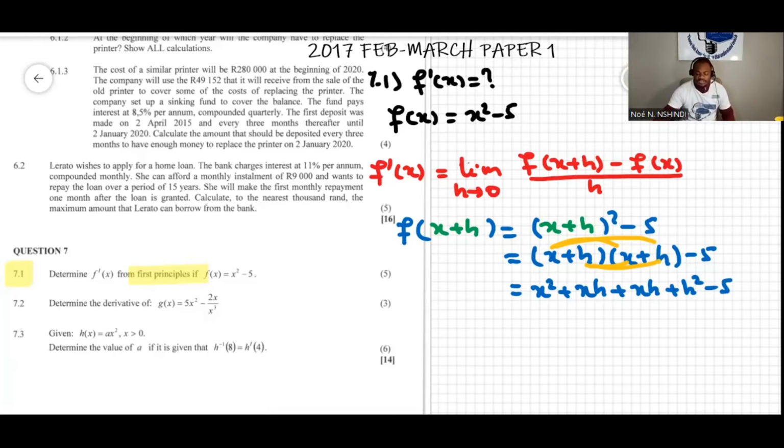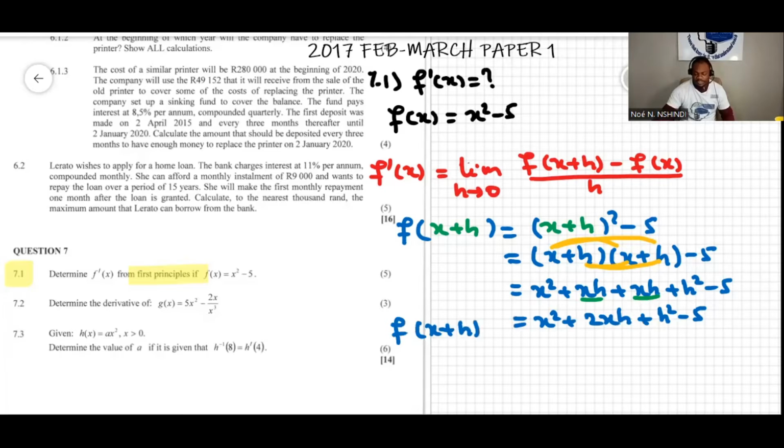We can take these two, so this will be equal to x squared plus 2xh plus h squared minus 5. Okay, this is the simplest form. We cannot simplify further.